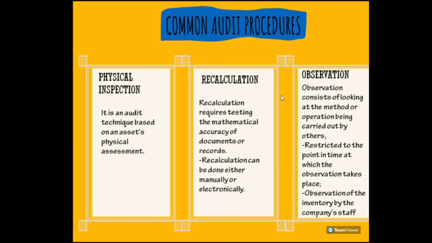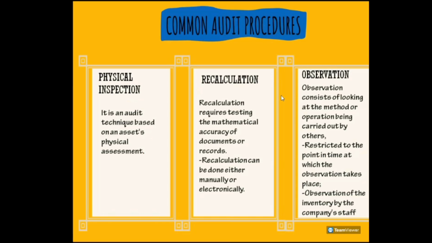Next, observation. It is an audit procedure that consists of looking at a process or procedure being performed by others so that the evidence about the actual performance is obtained.